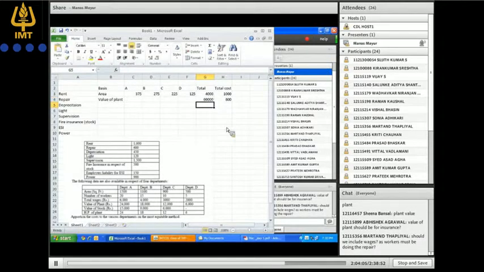So total value of plant is 60,000, and then you need to find out the ratio for each department. So 24,000 divided by this, and then multiplied by the total repair cost.